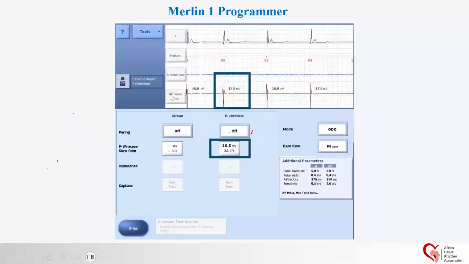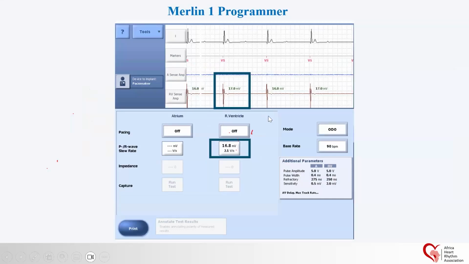ST elevation, that we click here, and we will have an ST elevation that we need to see this signal, this local signal. If we have only one signal, we will say that the lead detects the right position. That means the lead is in perfect contact with the myocardium.